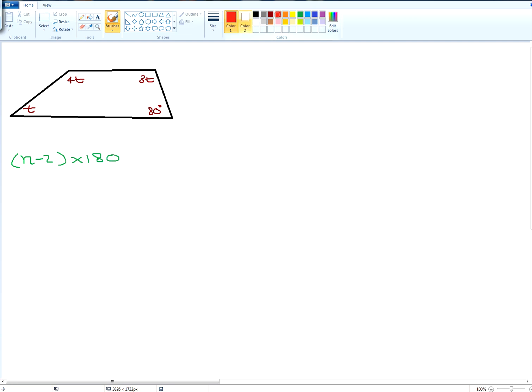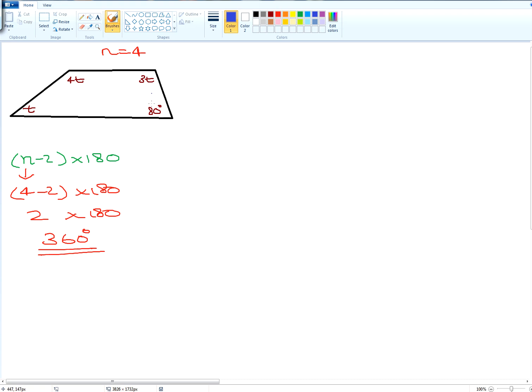The n value is how many sides we have: 4, because it's a quadrilateral. So 4 minus 2 times by 180 gives you 2 times by 180, which is 360, exactly the number you told me earlier. Now let's get back to the question.